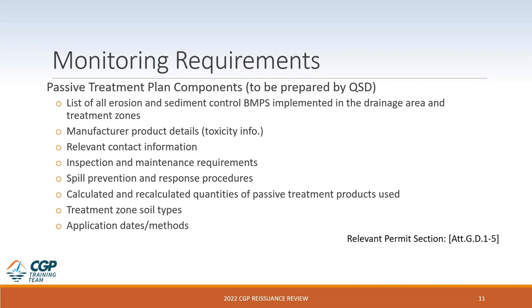And so ensuring that your calculated dosage is the true dosage in your system is a critical component. And then lastly, treatment zone soil types, as well as any application dates and methods should also be included within that plan.